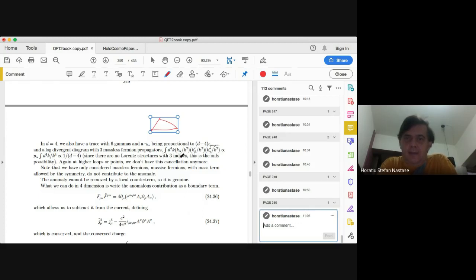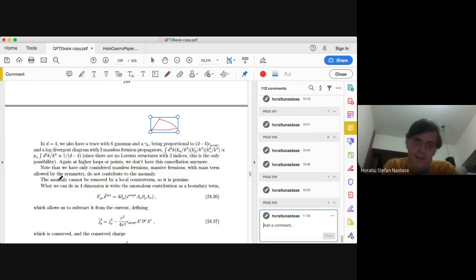But imagine that there is a mass term allowed by some symmetry like that, they nevertheless do not contribute to the anomaly. You can try to figure out a similar argument about what kind of integrals you could have, and you can prove rigorously that massive fermions do not contribute.